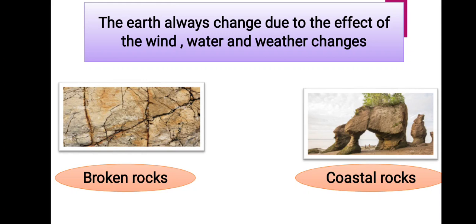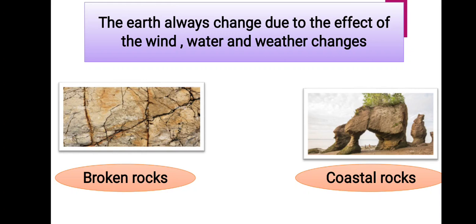They can make openings, make holes, and break down small parts of it. So this is called coastal rock, and the sea waves can change its shape.